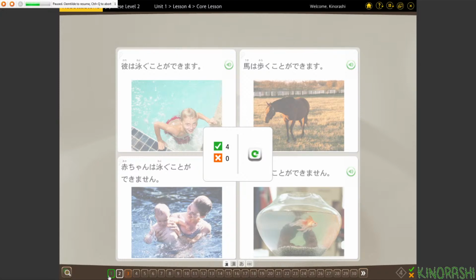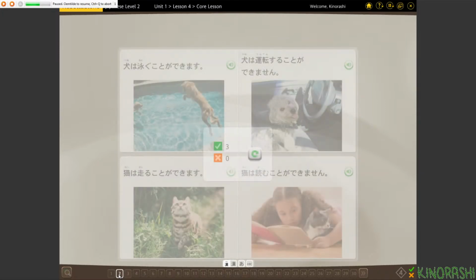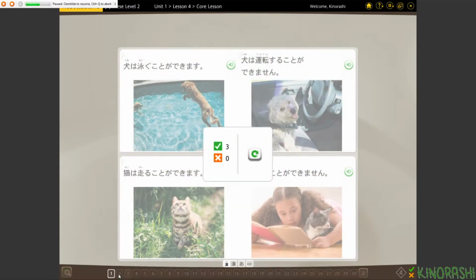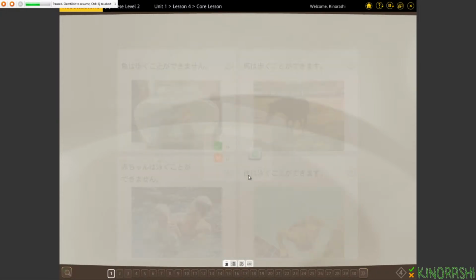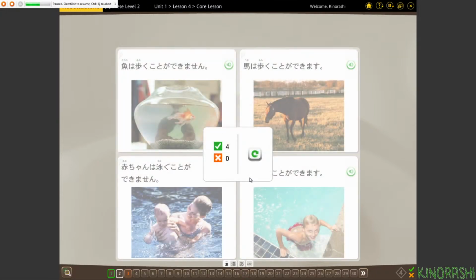Let's see, and then let's try to see what's being covered up by this block, so I don't have to right-click everything. Sakana wa aruku koto ga dekimasen. The fish can't walk.